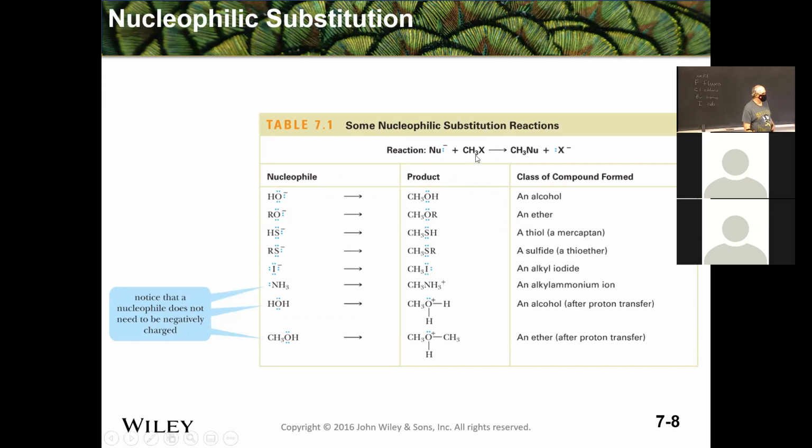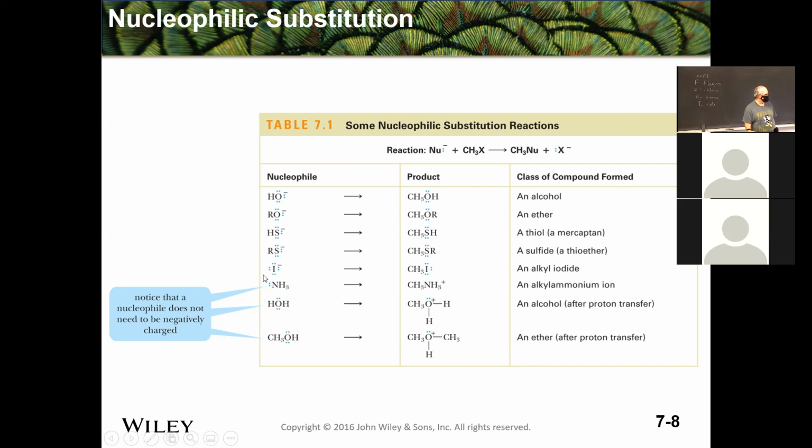So here is our substrate. For example, this is CH3X, where X is chlorine, bromine, or iodine. And then this is the nucleophile, the group that will replace that X. So we could use hydroxide, and when that replaces the X, we get an alcohol. If we use an alkoxide, we get an ether. SH minus, we get a thiol, a sulfide.